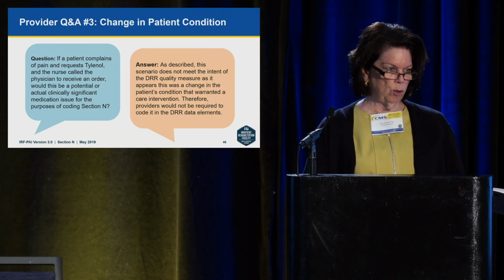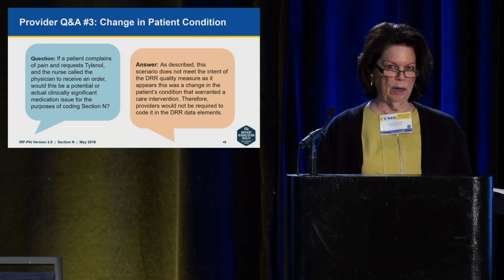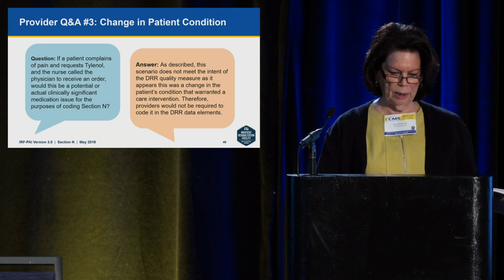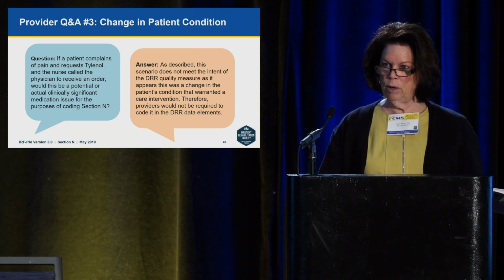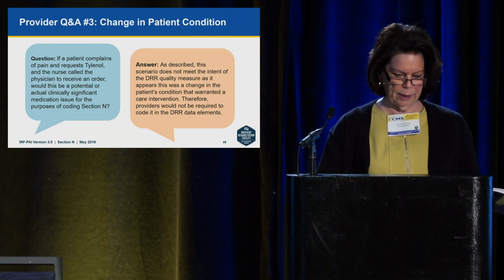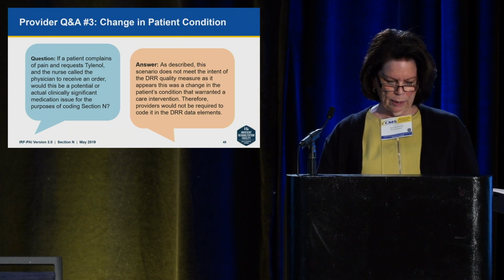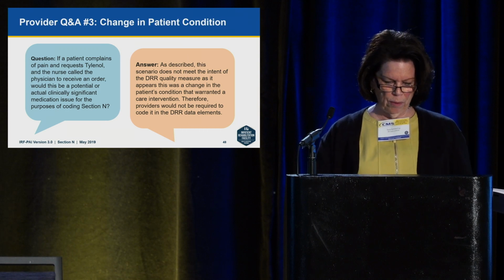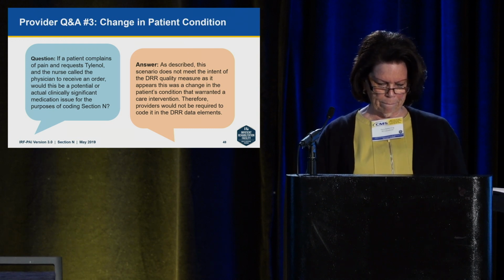The next two questions I wanted to include because they're examples of what we have determined are changes in patient conditions. So one of the questions that we've received is, if a patient complains of pain and requests Tylenol, and the nurse called the physician to receive an order, would this be a potential or actual clinically significant medication issue for the purposes of coding Section N?